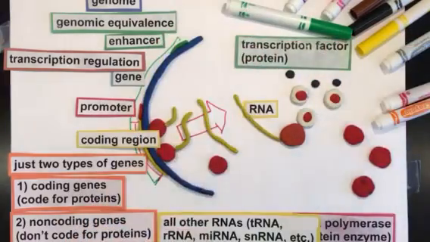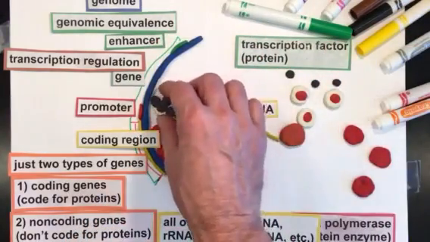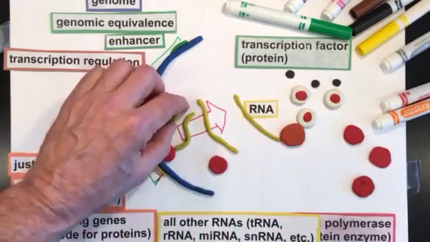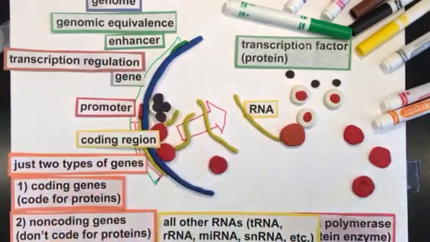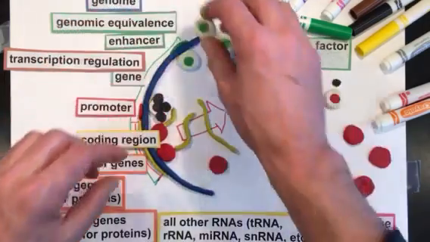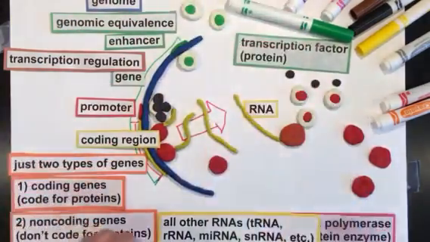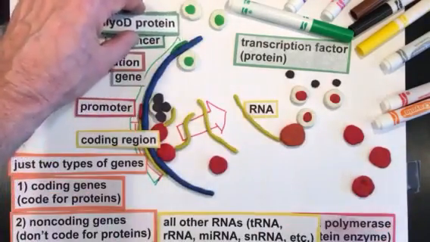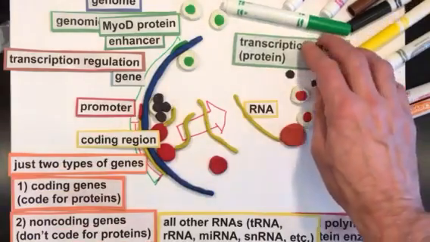And there's a set of proteins in the cell that can bind to the promoter, and they show RNA polymerase where to start. There's another set of proteins, I'm going to use this example of MyoD that's used in other videos. The MyoD protein binds to the enhancer of the myogenin gene.